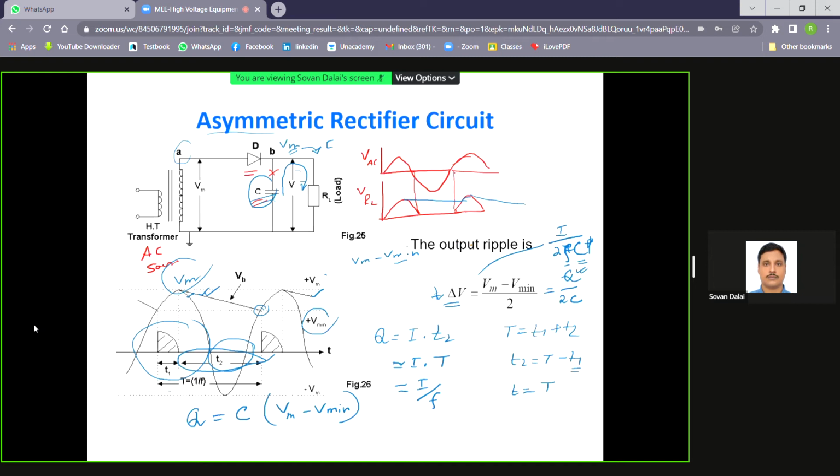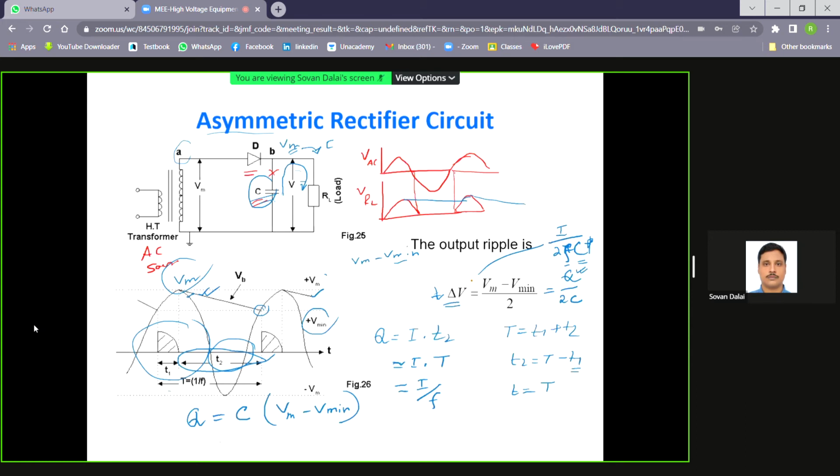That is possible either by increasing the smoothing capacitor value C, or by increasing the frequency. Generally this circuit operates at power frequency, so we can't control that; f is constant. So by increasing C, we can reduce that value.